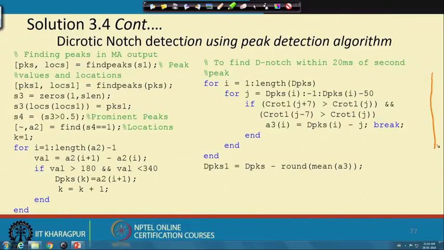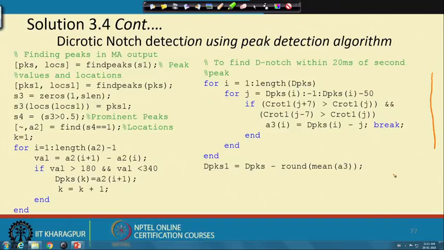We are looking into that and trying to find a prominent dip, that is, the point for which the points within plus minus 7 are above it.